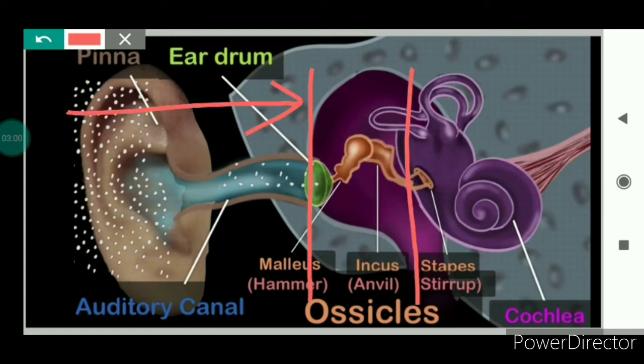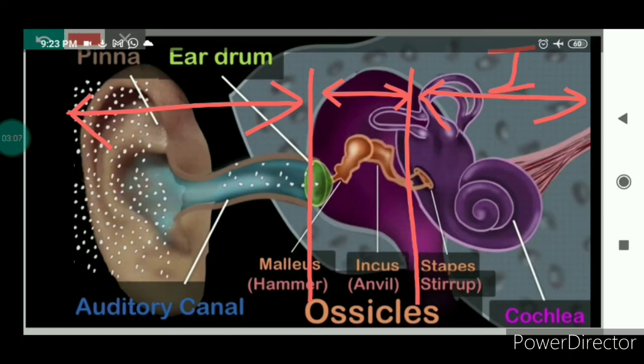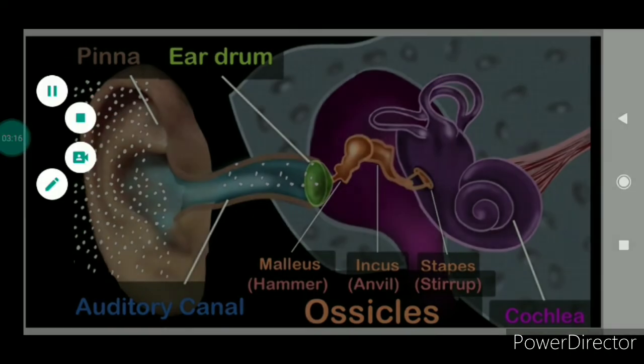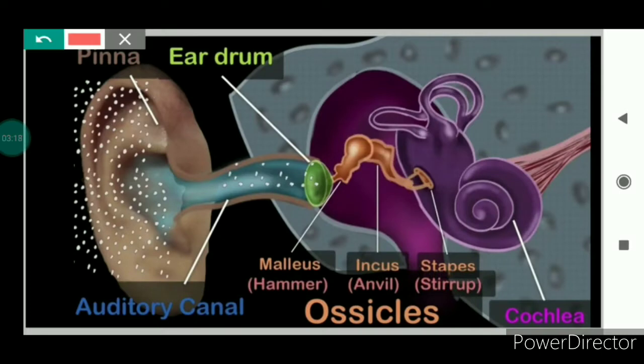This one is the outer ear. This one is the middle ear. And this last one is the inner ear. Okay, so let's first discuss the structure. The shape of the outer part of the ear is like a funnel. The outer part of the ear is known as pinna, and it is attached to a 2 to 3 centimeters long passage, known as the auditory canal or ear canal.